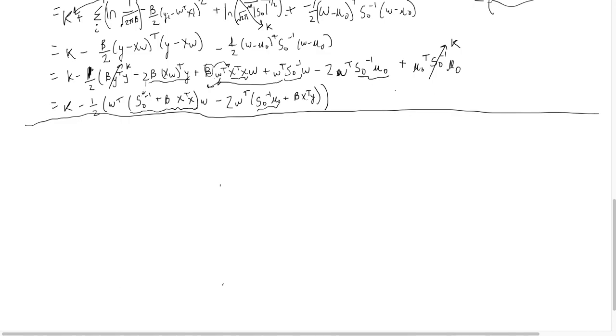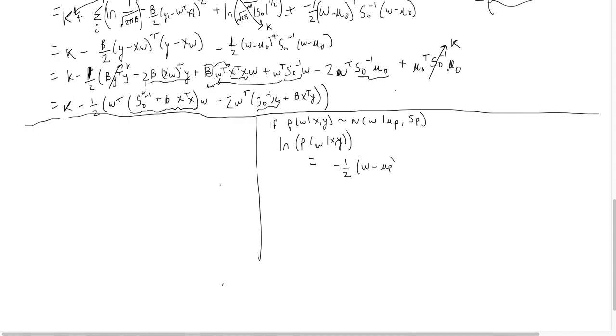The pattern we're looking for: if the posterior is normally distributed, like we're trying to show, according to some posterior mean and some posterior covariance, then we should expect the ln of the posterior distribution to be equal to something like this, transpose, and it's going to have some constant, because remember there's a constant out in front of the exponential term on the normal PDF.